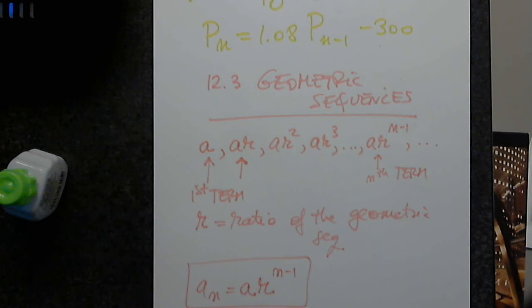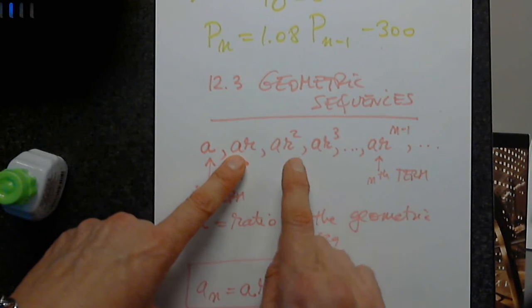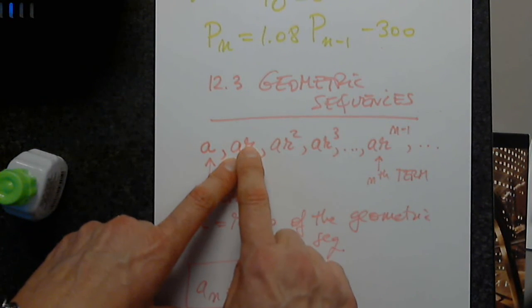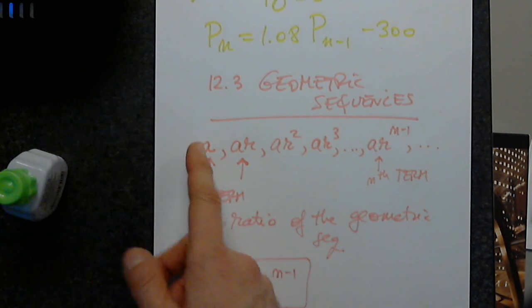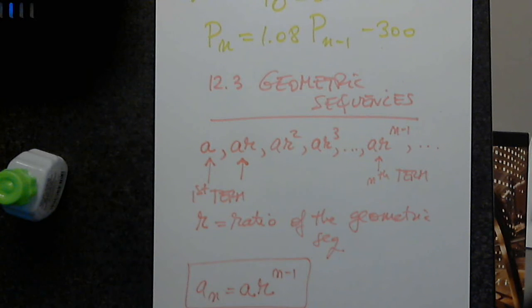We'll have plenty of examples. Dividing this by this, I'll get the ratio. So let's look at a few examples and then come back to how to find the sum of a finite and sum of an infinite geometric sequence.